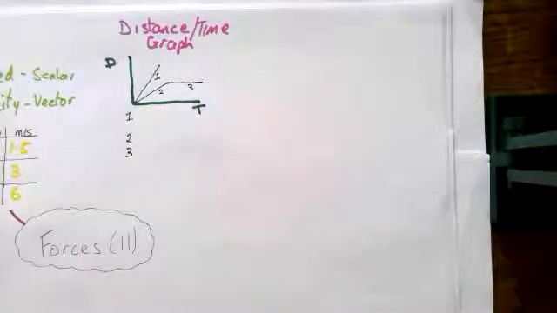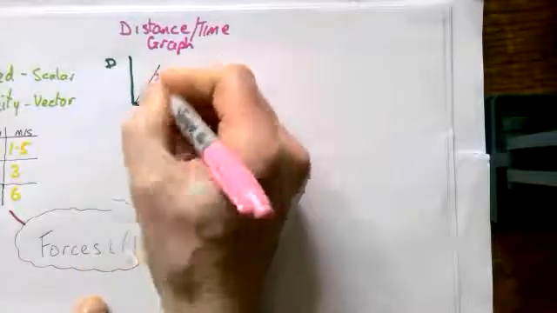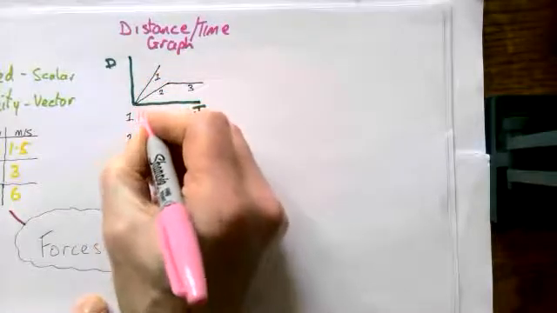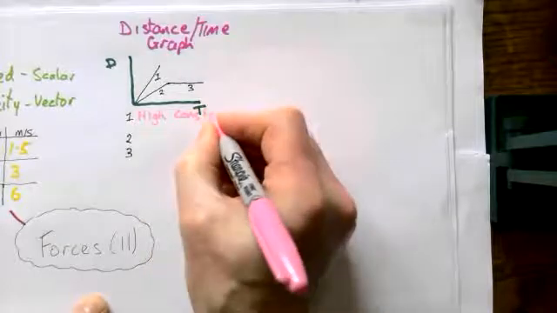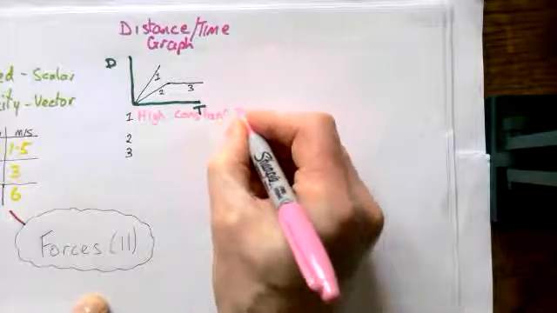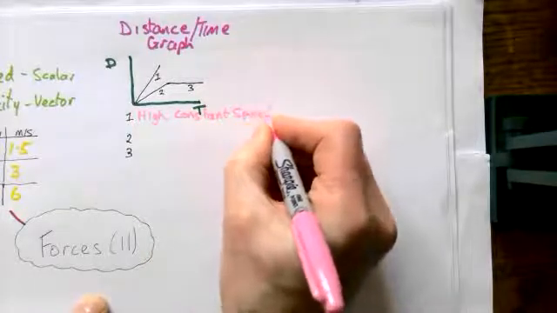What do they represent? Okay, and what we can do is, what color shall I use for this one? I like a bit of pink. Here we go. So number 1 is a high constant speed because it's a steeper gradient. High constant speed.